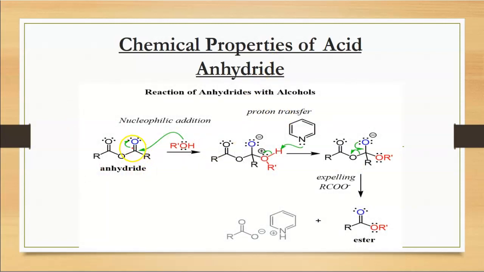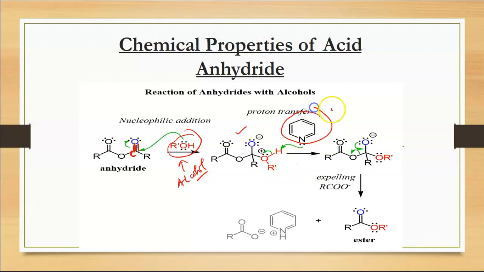I have already told you oxygen will be accepting the electron. The first step will remain the same. Oxygen will be accepting an electron from this pi bond over here, thereby making this carbon susceptible to get attacked by the nucleophile, which over here is alcohol. So it leads to a structure like this. Now, what is happening?